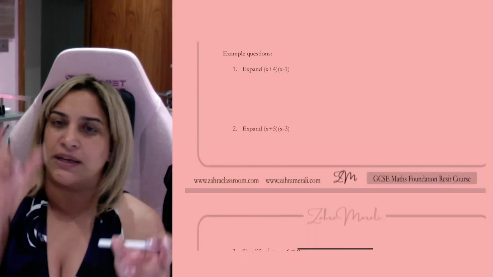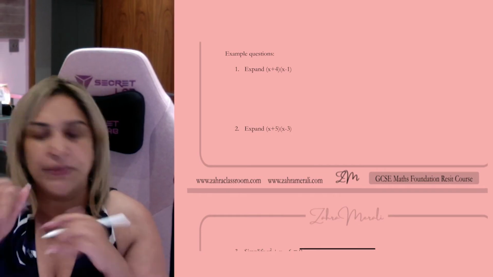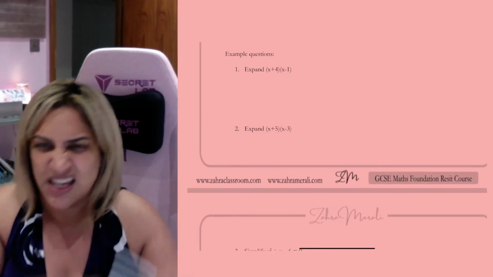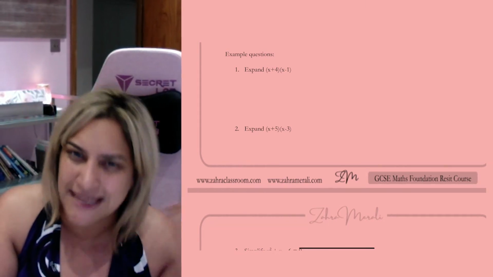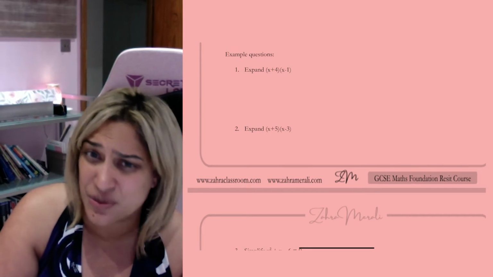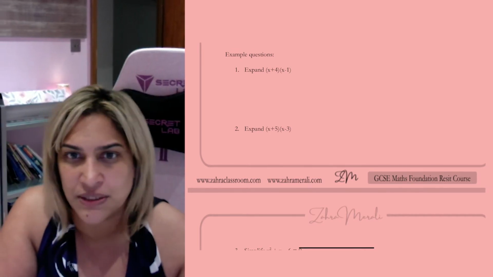When we expand, it means everything in the first bracket is multiplied by the second bracket. There are lots of ways you may have done this. You may have done a smiley face. You might have used a grid method. The way I think is easier, because single brackets are easier to multiply, is to use single brackets.